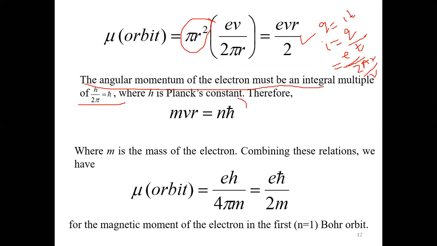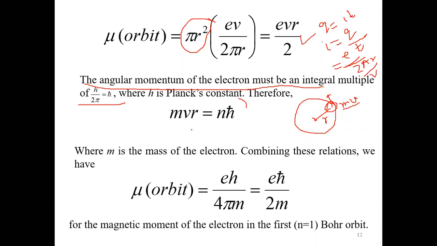The electron is moving around this path, the radius is r, its mass is m, and its speed is v, so the linear momentum is mv. So the angular momentum will be r cross p, and the angle between them is 90 degrees, so it will be just mvr. So this mvr will be equal to n h cut.